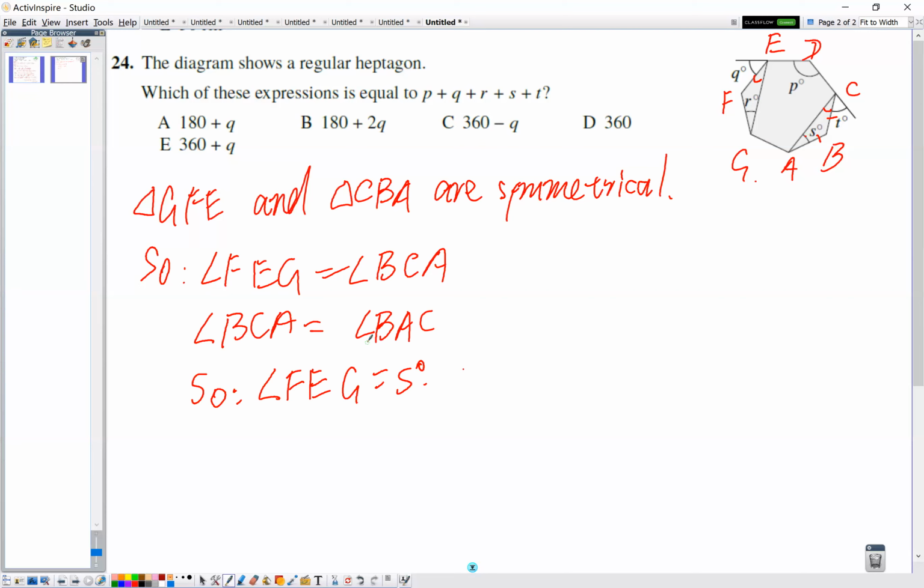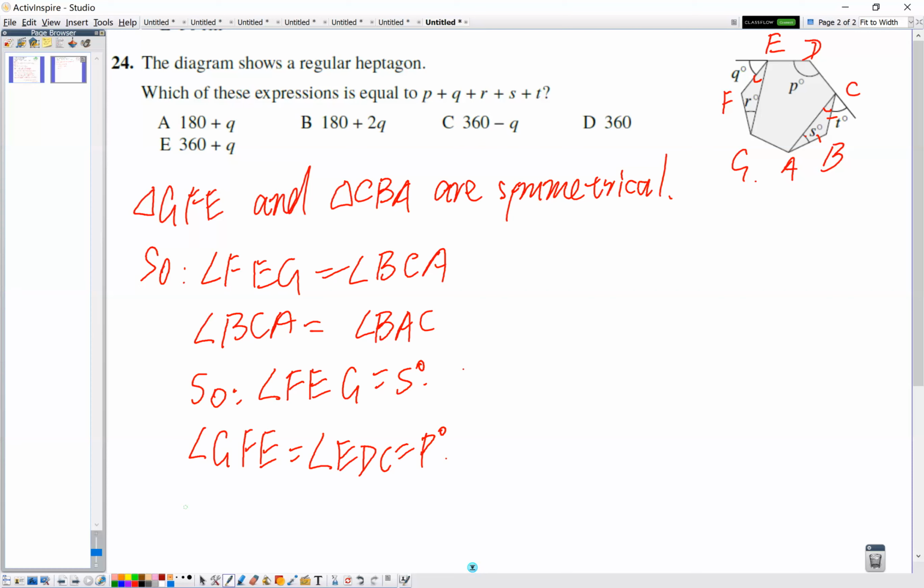How about angle GFE? Angle GFE is equal to angle EDC, which becomes P degrees as well, because they're both interior angles.